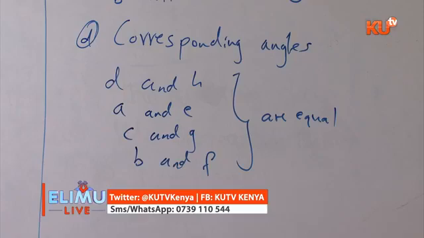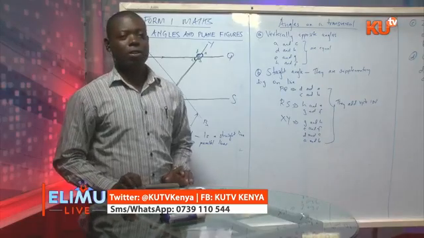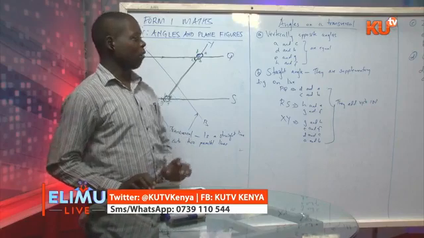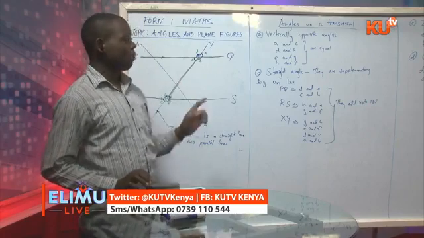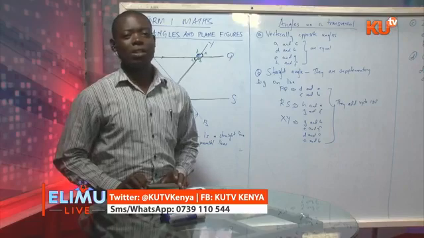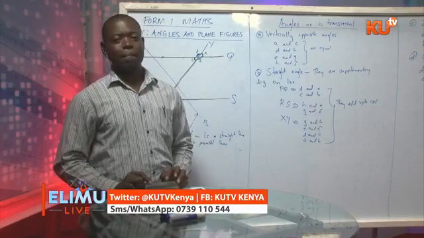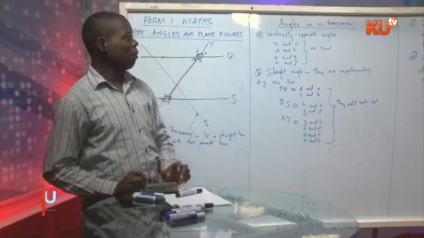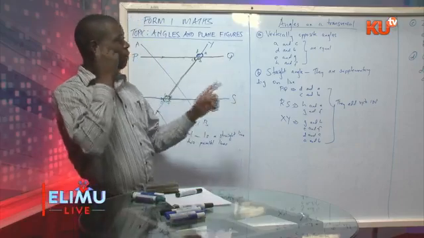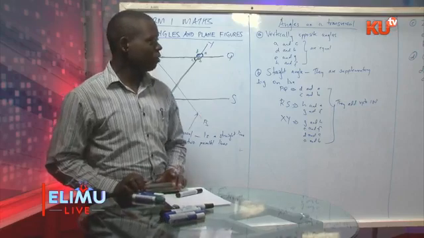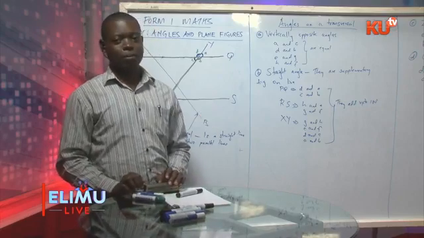And remember last time we said topics to do with angles require you to give reasons. So if you are given a question on this, we expect you to be able to write down the reason as to why your answer will be the value that you have obtained. And the reasons that we will be giving will be based on either the angles were vertically opposite angles, they were straight angles, Z angles, or they were corresponding angles.